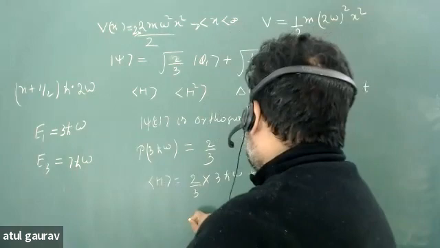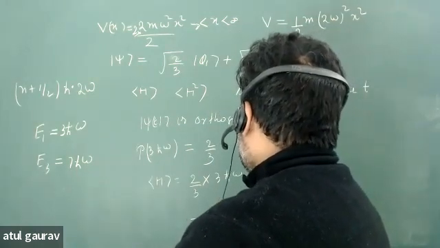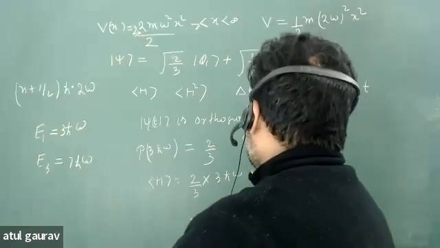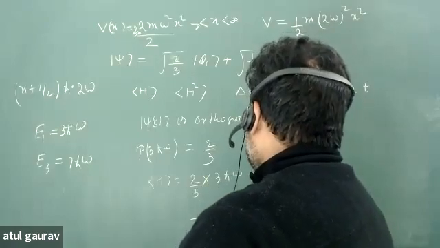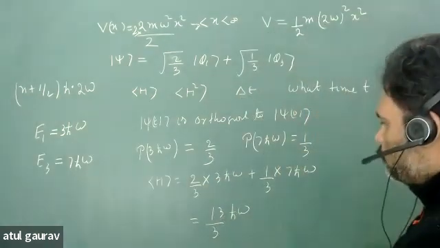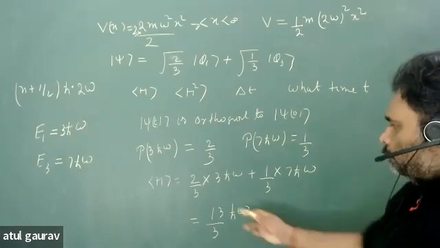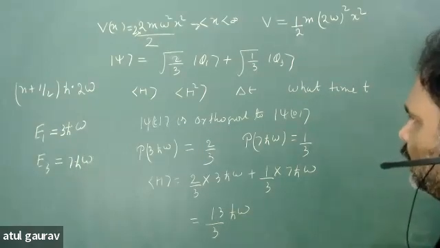So what you will get? 13 by 3 h cut omega, isn't it? So this will be your average value of energy.